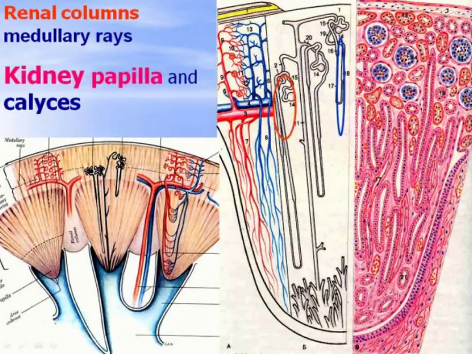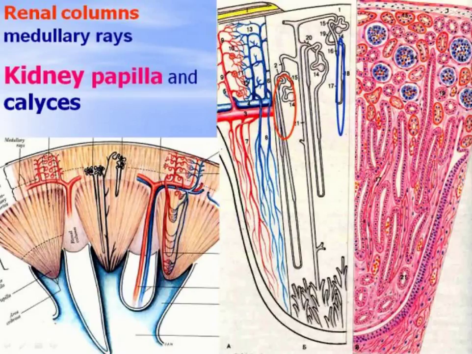This slide demonstrates also the reason for the waving borderline between cortex and medulla, because renal corpuscles, renal bodies in the cortex, are located at different levels. There are corpuscles, nephrons, located just under the capsule.